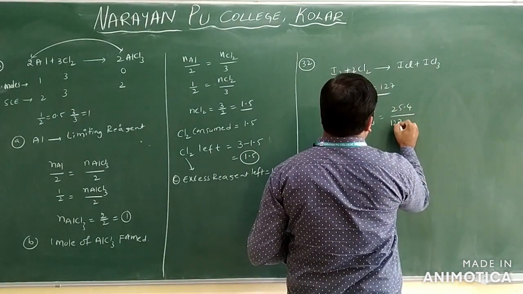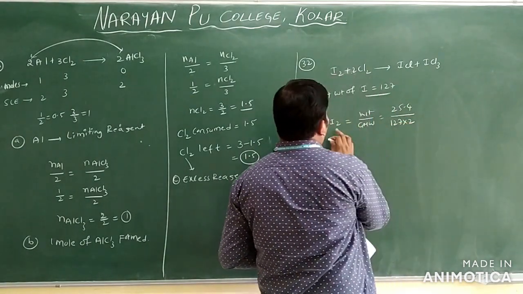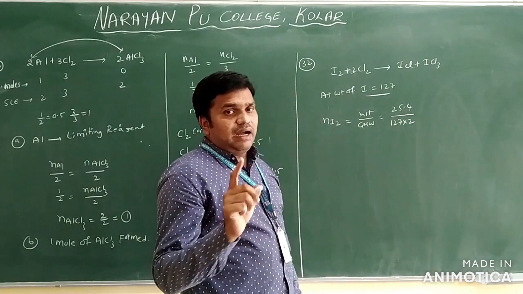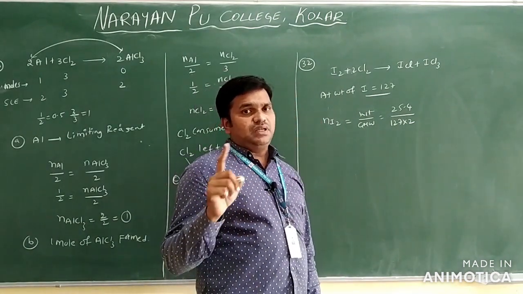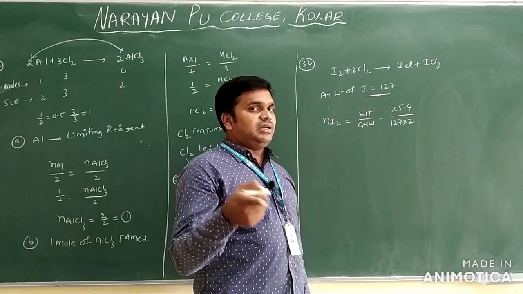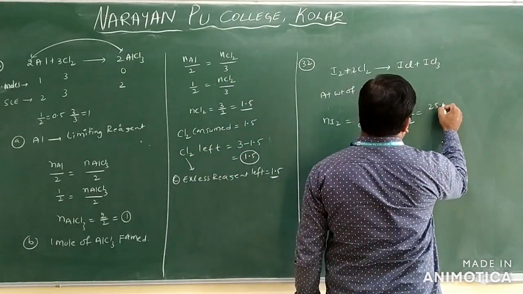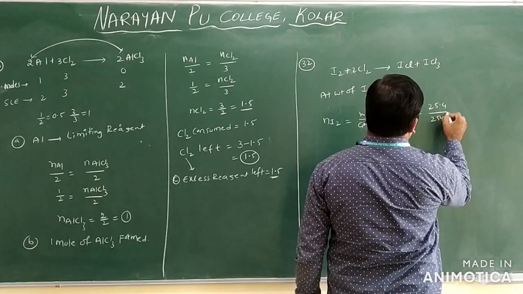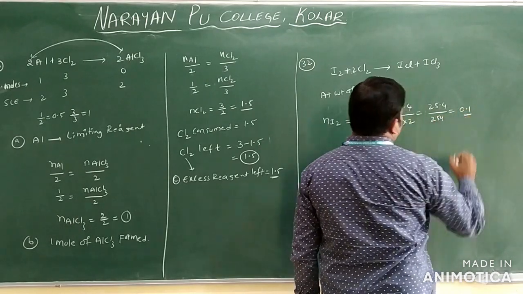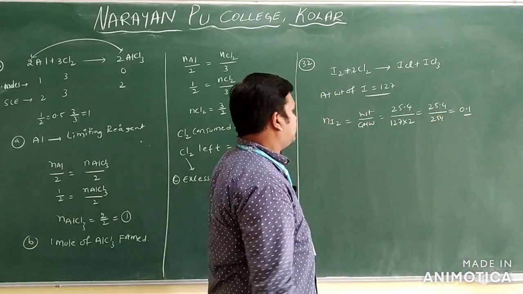It is 127 into 2 because we are taking I2, the iodine molecule, whose atomic weight is 127 per atom, so multiply by 2. So here you will get 25.4 by 254, which gives 0.1 mole of I2.